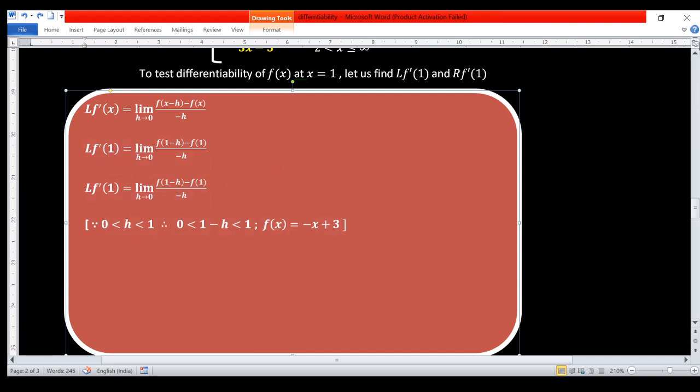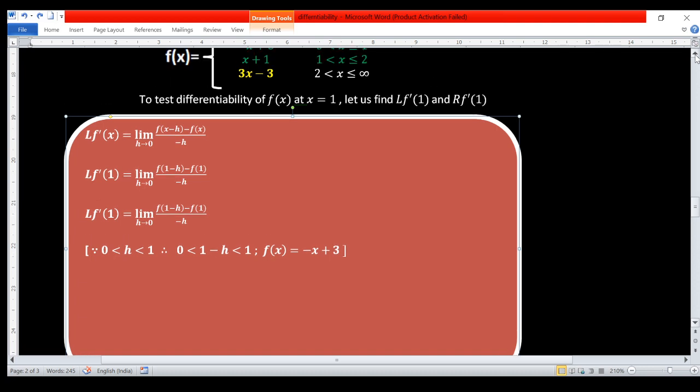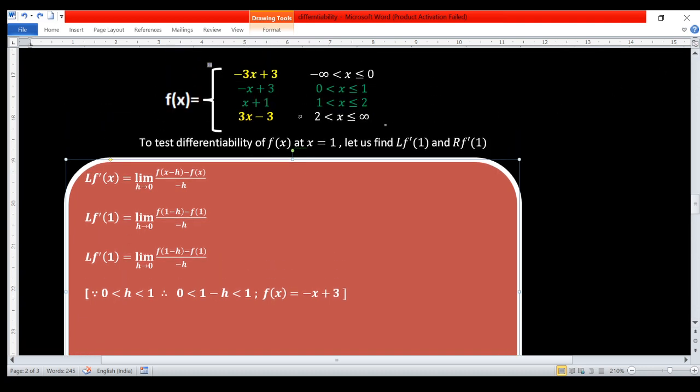And f of 1, where is it included? I think in the second row, so minus x plus 3 applies. The x value is 1, so minus 1 plus 3 is equal to 2. So f of 1 is equal to 2. And f of 1 minus h comes from minus x plus 3.